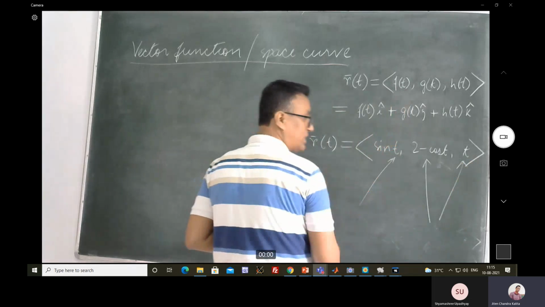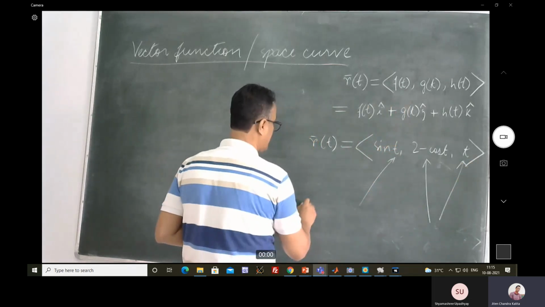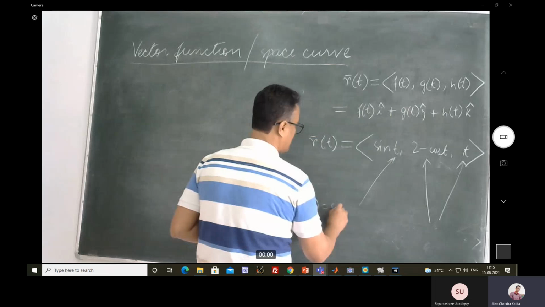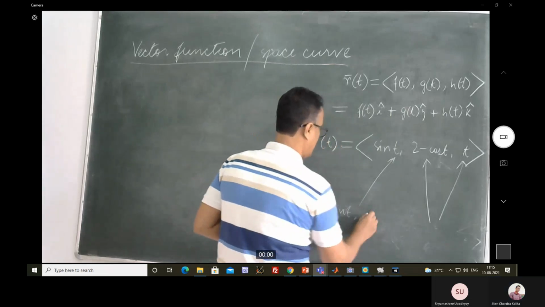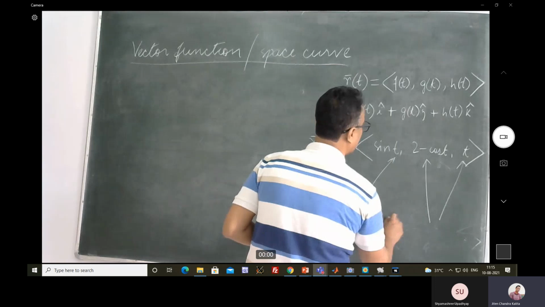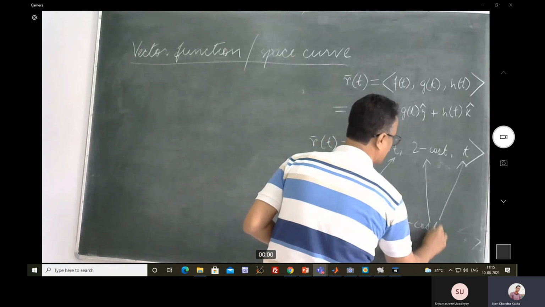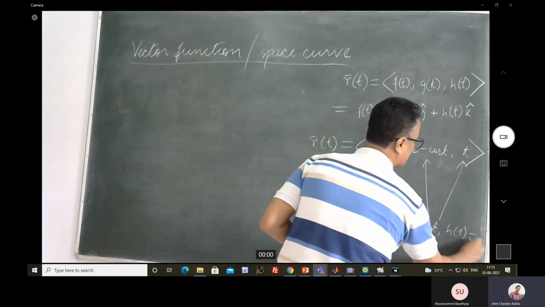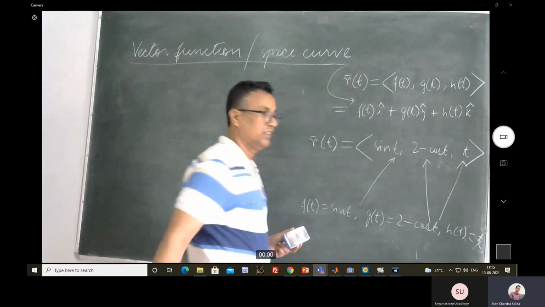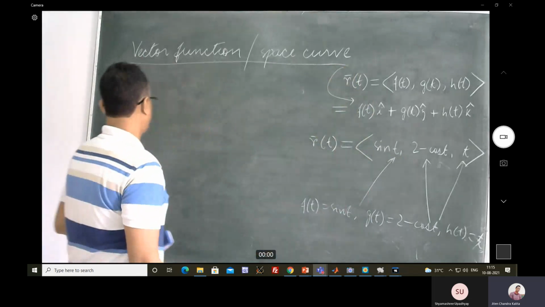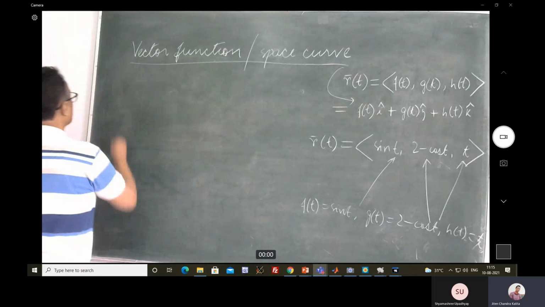All of these, sin t, 2 minus cos t, and t, are functions. So if I define f(t) equal to sin t, g(t) equal to 2 minus cos t, and h(t) equal to t, then it is something like this. Now let me come to the limit.